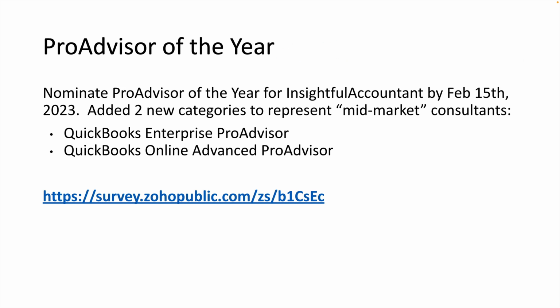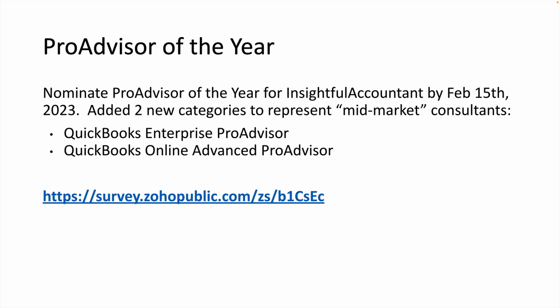The second thing I want to talk about is the ProAdvisor of the Year and Insightful Accountant nominations, open until February 15th. The only reason this is newsworthy is that it happens every year and I never really talk about nominations, but they added 2 categories, Enterprise ProAdvisor and QuickBooks Online Advanced ProAdvisor, just drawing a dotted line to Intuit's strategy to have more mid-market presence.